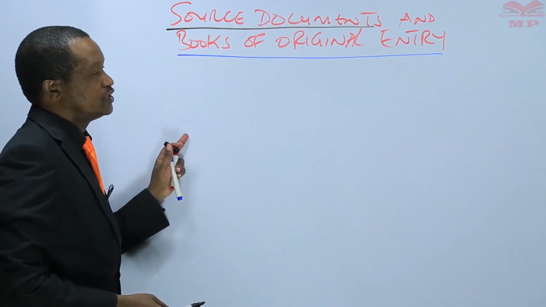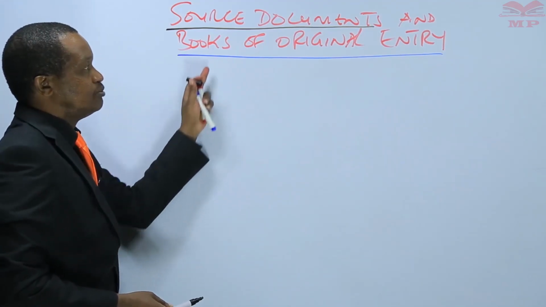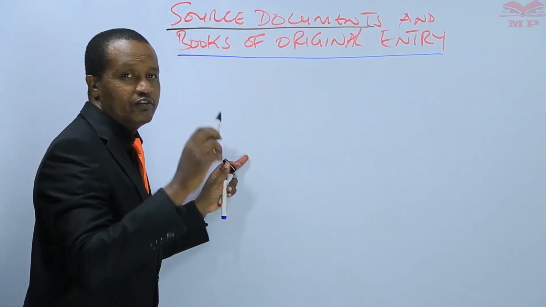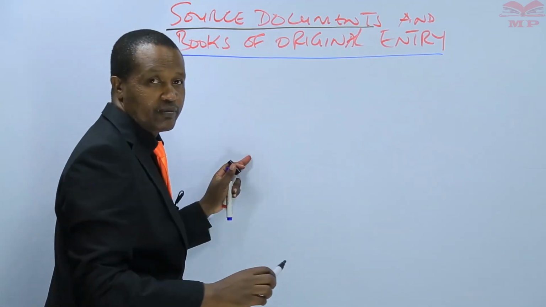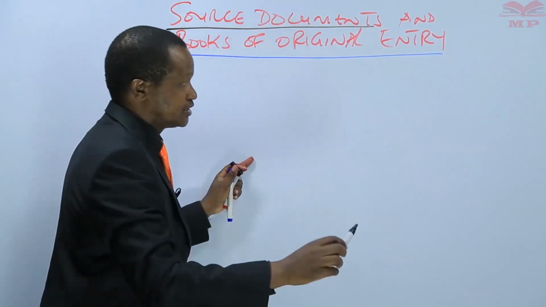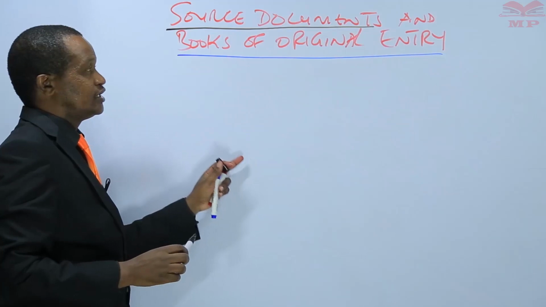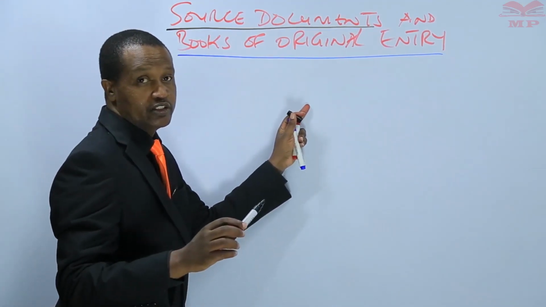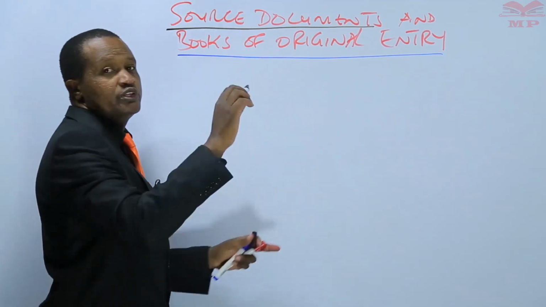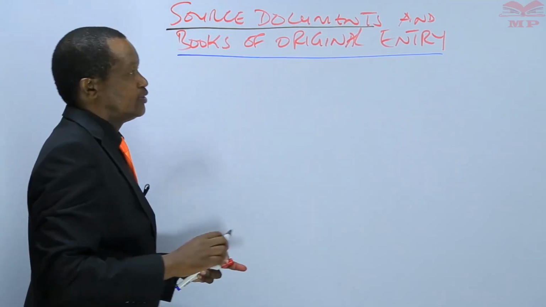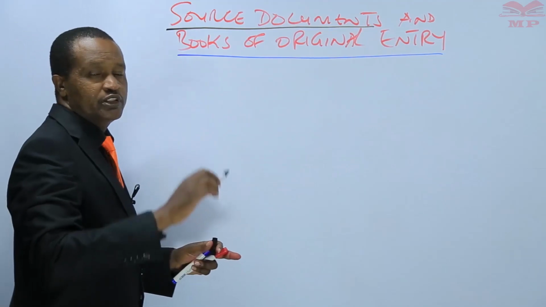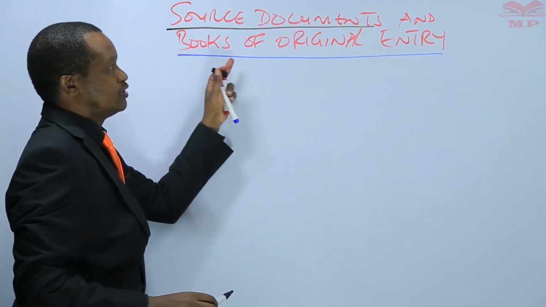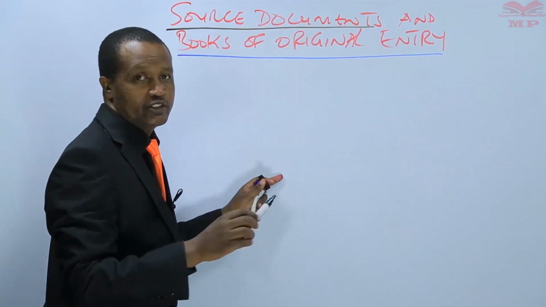Learners, books of original entry are books where transactions are recorded for the first time, for the first instance. And the recording of transactions in the books of original entry is based on the source documents. In other words, we use source documents to make entries in the books of original entry.